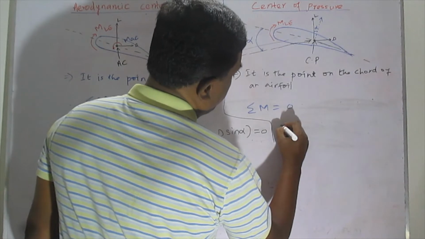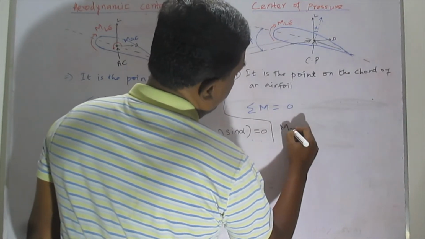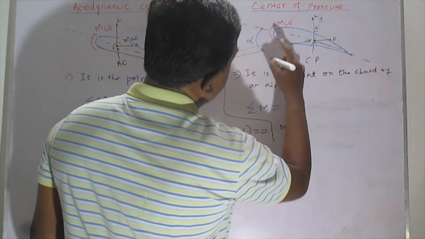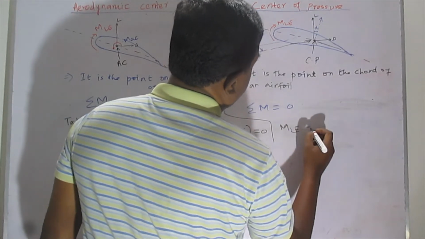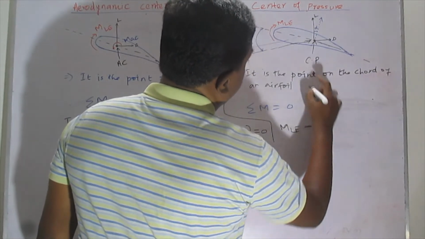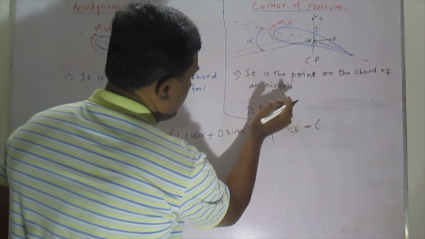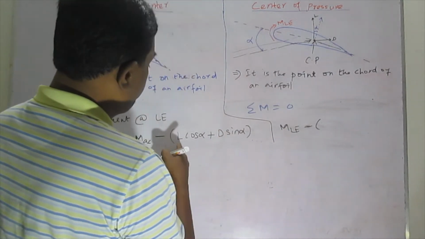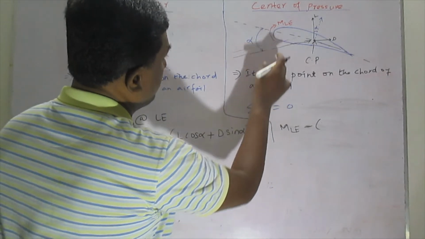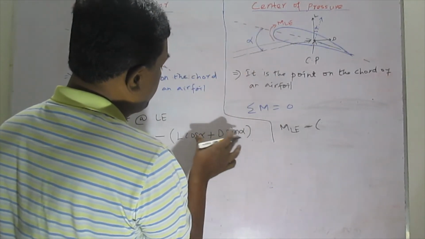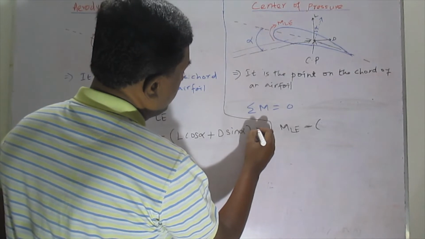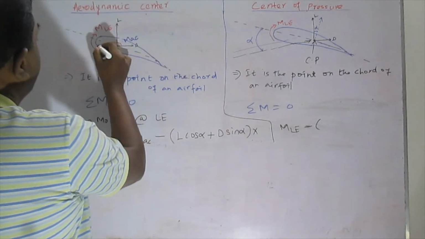So summation of moment about leading edge equal to, then minus. When we are taking the moment, we have forgotten one thing, that this is a force into horizontal distance, vertical force into horizontal distance only gives moment. So here we have to multiply with the distance.